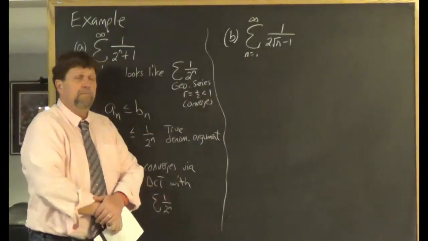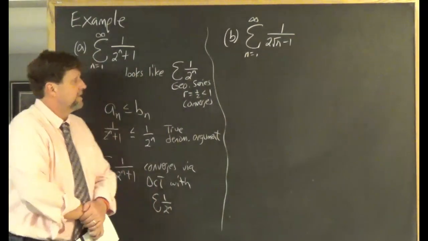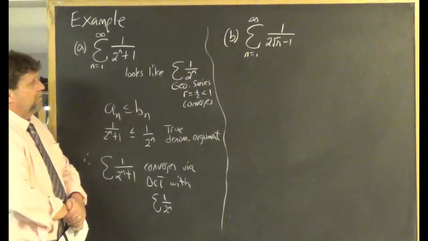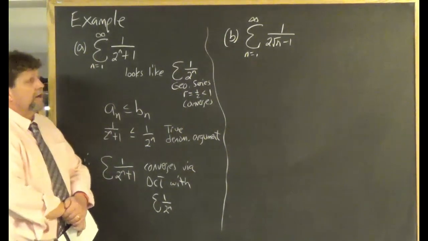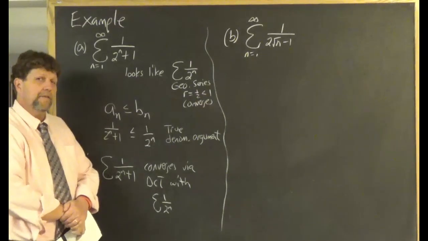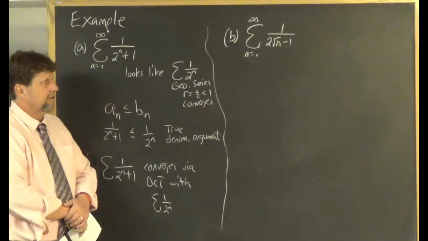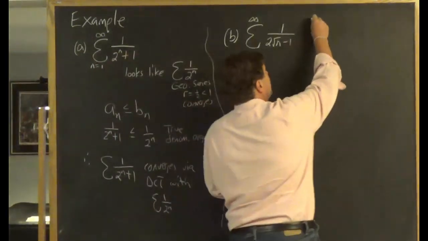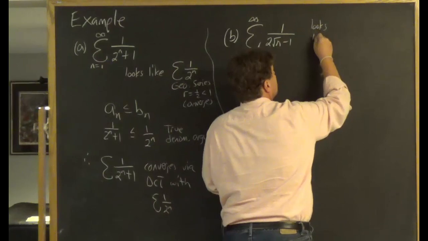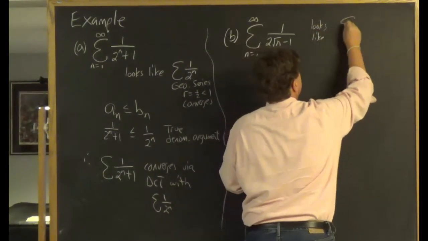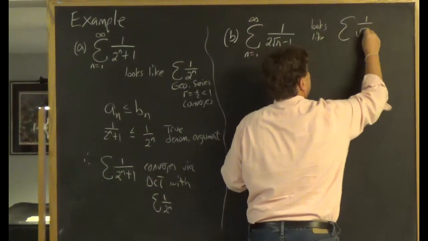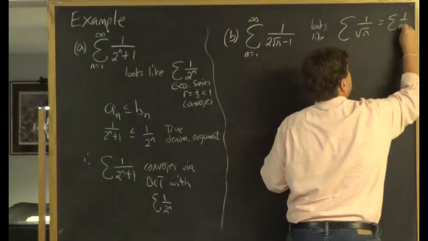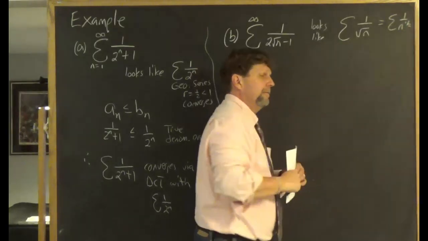All right, so let's look at part B. Does the series from n equals 1 to infinity of 1 over 2 square root n minus 1 converge or diverge? Well, let me just start off by saying this kind of looks like the series 1 over the square root of n, which is the same thing as 1 over n to the 1/2.